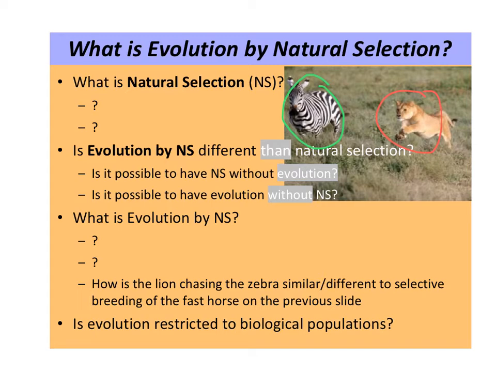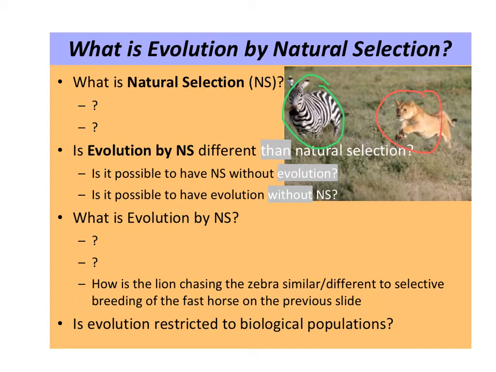Evolution by natural selection is part of evolution in general. But you can actually have evolution changes in the population that have nothing to do with natural selection and nothing to do with a population becoming better fit to its environment.